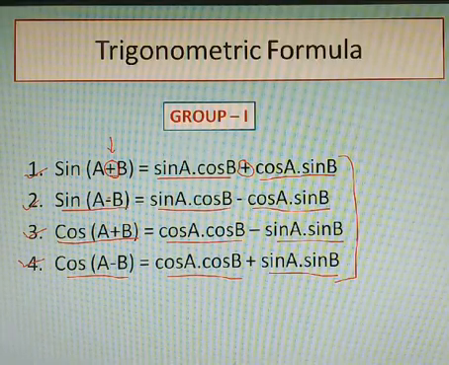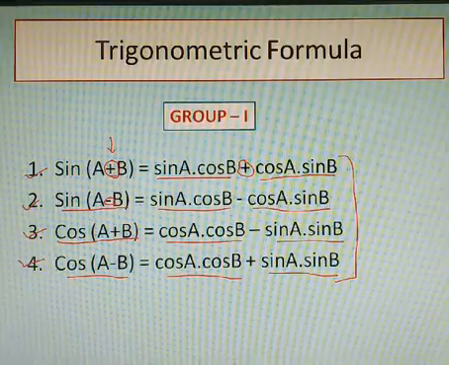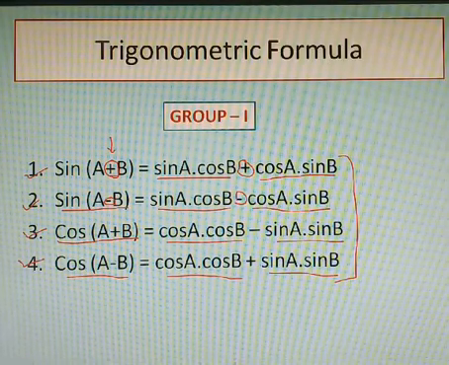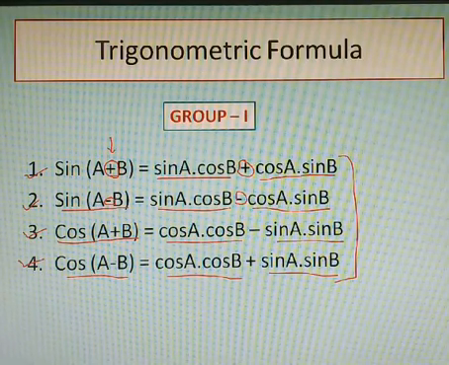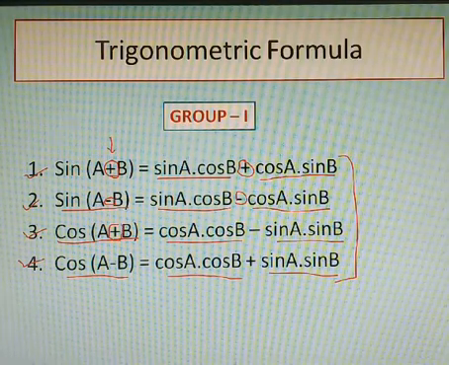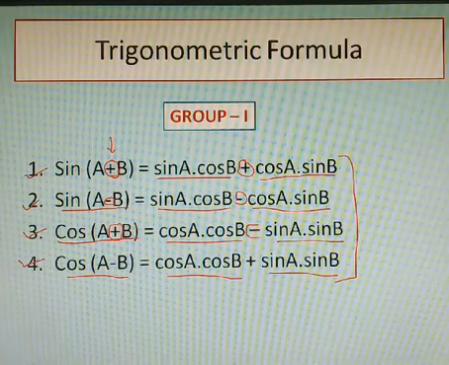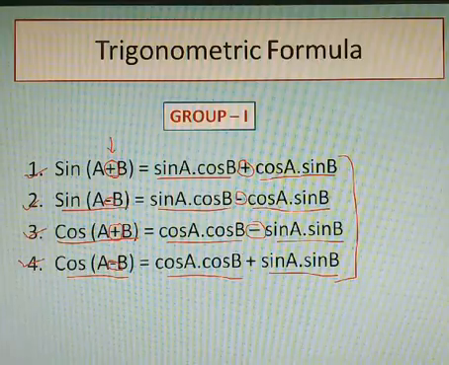Similarly, you can see a minus sign in between the angles in formula number 2, and we have written the same here. But in formula number 3 and 4, the signs are just the opposite. If it is plus here, then you will write minus. If it is minus, then you will write plus.